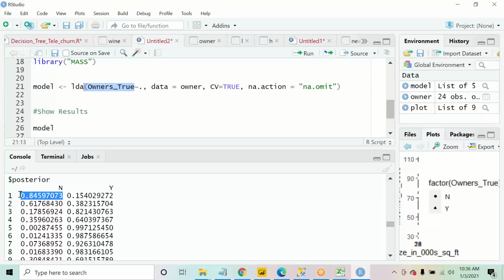So for this particular row the outcome will be no, for another row again no, because I can see over here the probability of n is higher, and in the third case the probability of yes is higher. For the third row the output will come as yes. So this is how this LDA model is created.